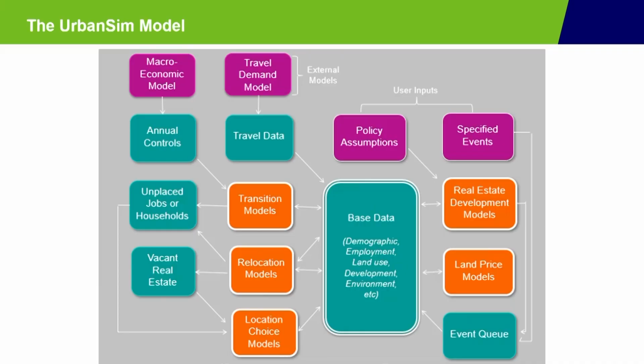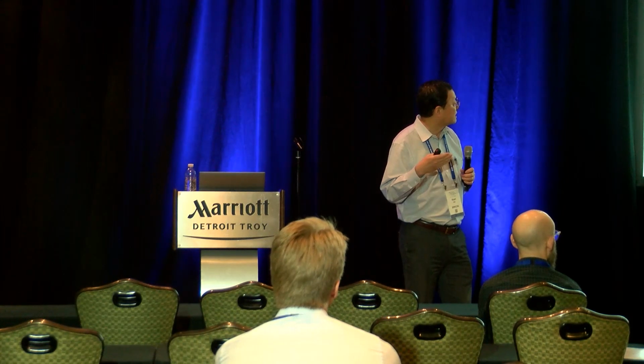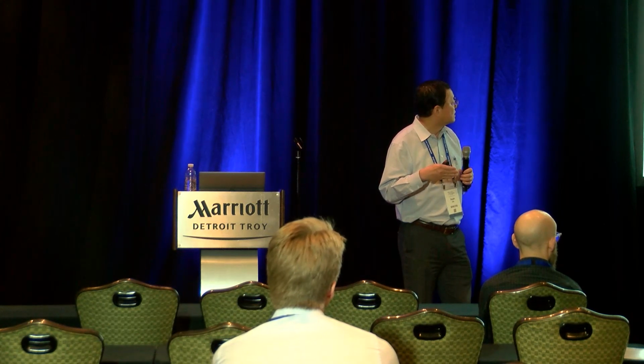The blue ones are different sets of input data. I'm going to talk about that a little bit more in the next couple of slides. And the orange squares are the models. So you have a transition model that translates the control totals to the households and population and jobs. You try to model in different types.